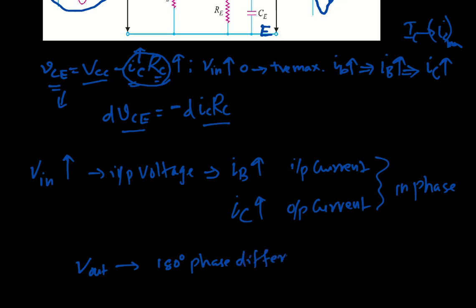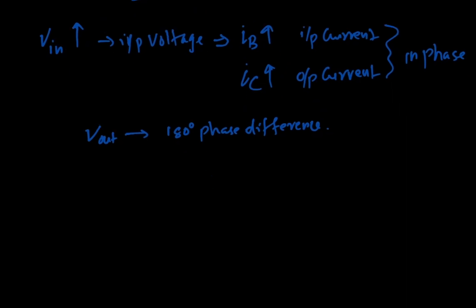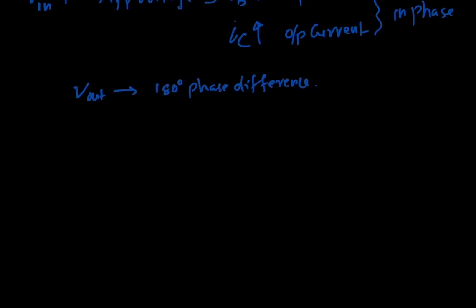So, as a conclusion, if we consider the different voltages and currents, the input voltage Vin, the input current, that is the base current, and the output current, that is the collector current, are in phase.